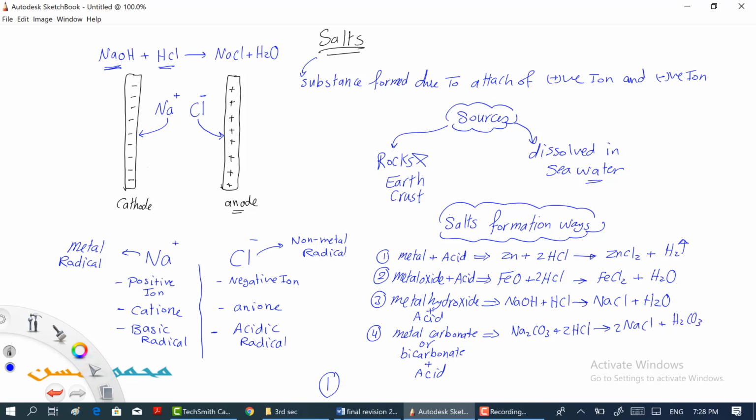It is a weak acid that dissociates into H2O plus CO2. Maybe sodium bicarbonate, NaHCO3, plus HCl, giving to us NaCl plus water plus carbon dioxide gas. These are the sources from which the salts are formed. Let's talk about how I can write and derive the name of the salts.